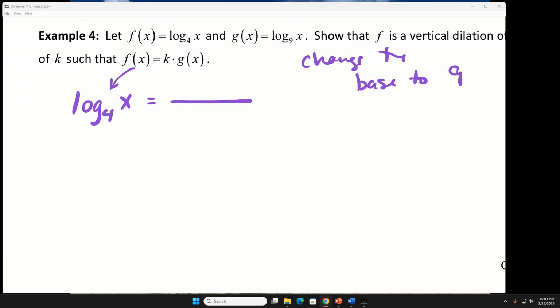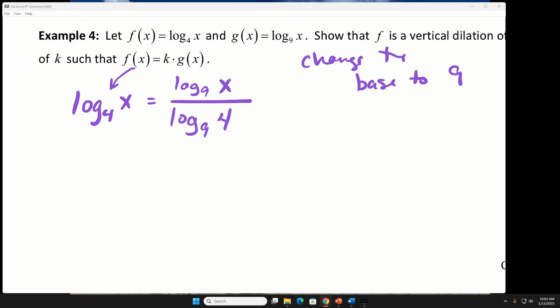So you guys use the change of base formula for me, please, and change this to log base 9. So it would be log base 9 of x over log base 9 of 4.